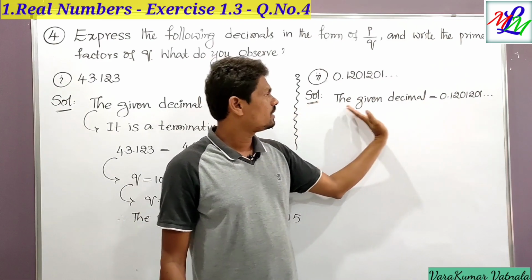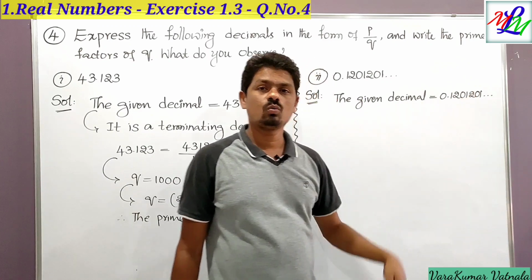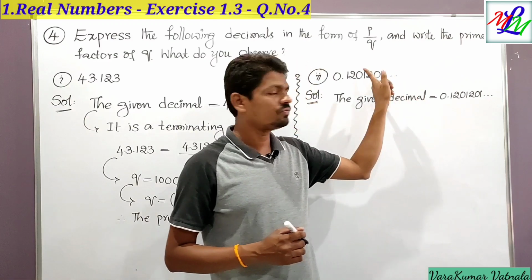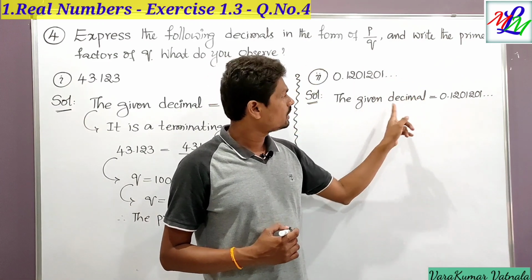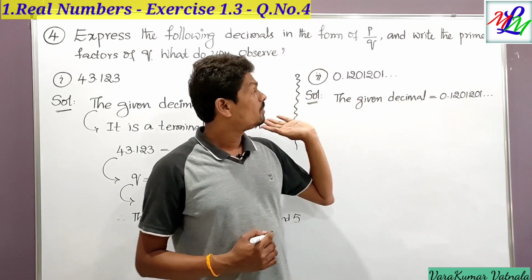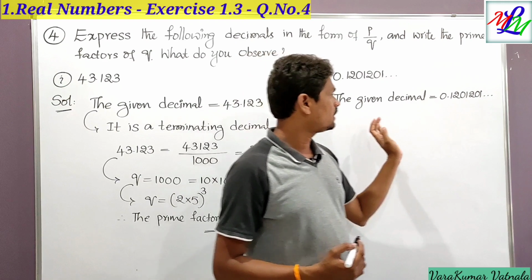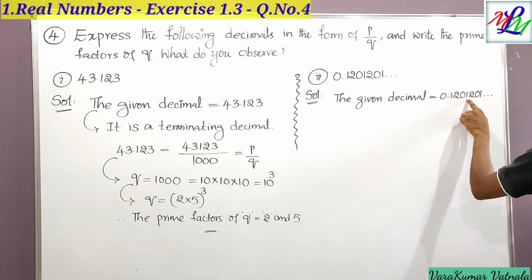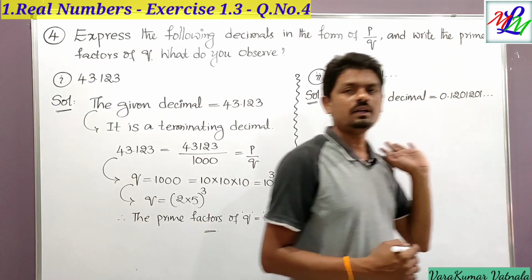The given decimal is 0.120120 dash dash. If there is dash dash or a bar, we can say it is non-terminating. But whether there are any repeating digits, you have to observe. 120 is there, here also 120 is there, but only 1 is there, there is no 20. So here it is not repeating.